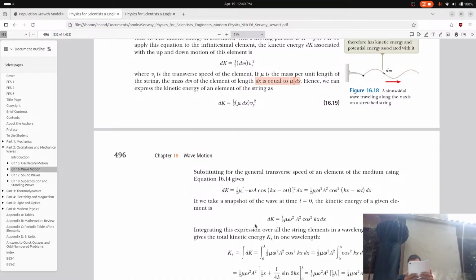In addition to kinetic energy, there's potential energy associated with each element of the string due to its displacement from the equilibrium position.